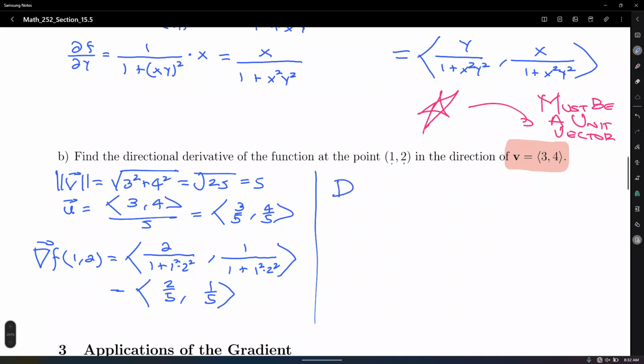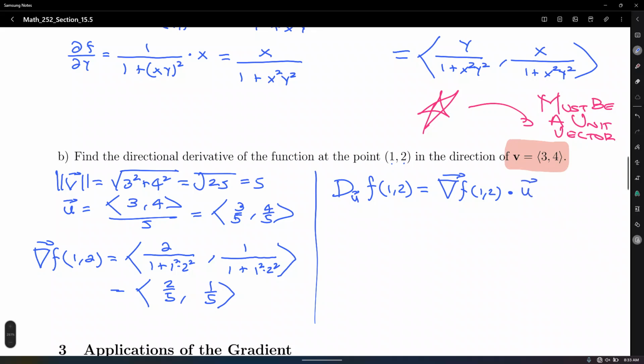That is D_u, the derivative in the direction of u of the function at the point 1, 2. That's simply going to be nabla of f at 1, 2, that is the vector we just got before, dotted with the unit vector.